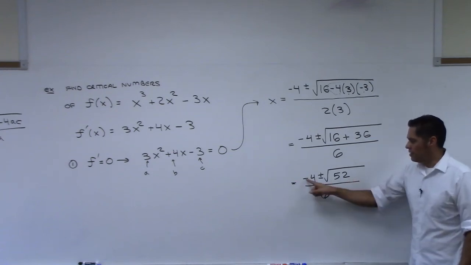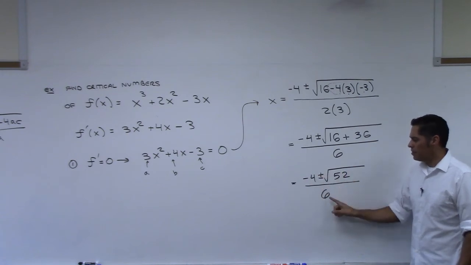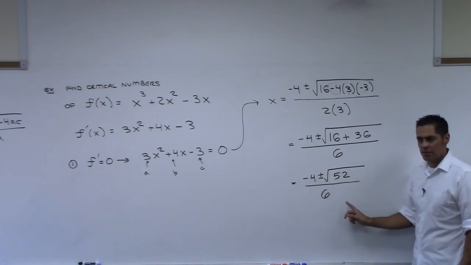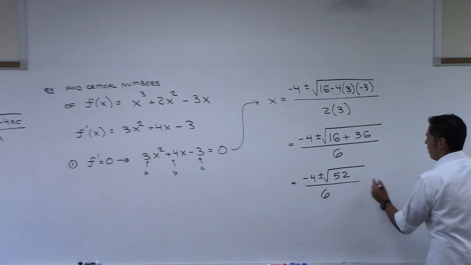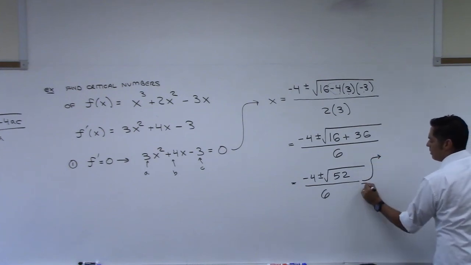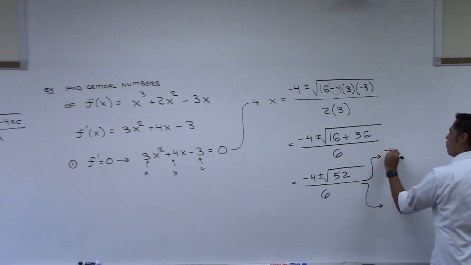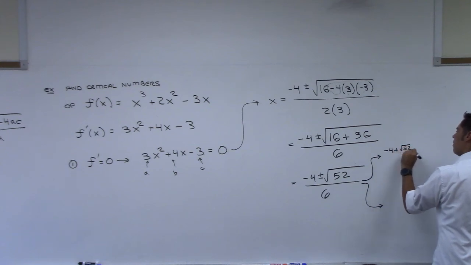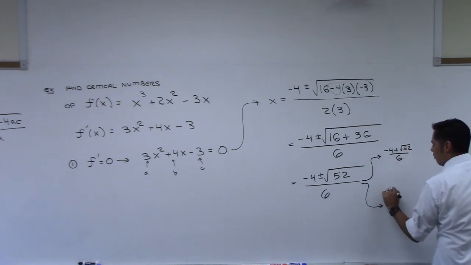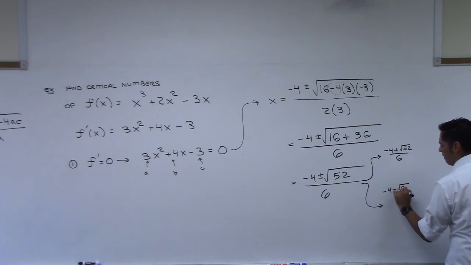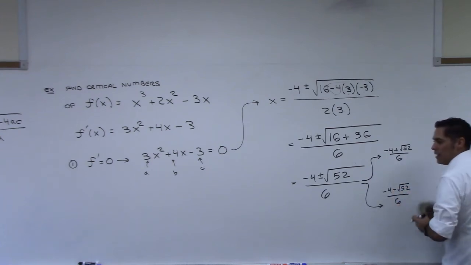This is 2 answers. It's negative 4 plus that number over 6, negative 4 minus that number over 6. And so now at this point, I could get onto my calculator and figure that out. Negative 4 plus root 52 over 6, and negative 4 minus root 52 over 6. And I'm going to get 2 solutions.